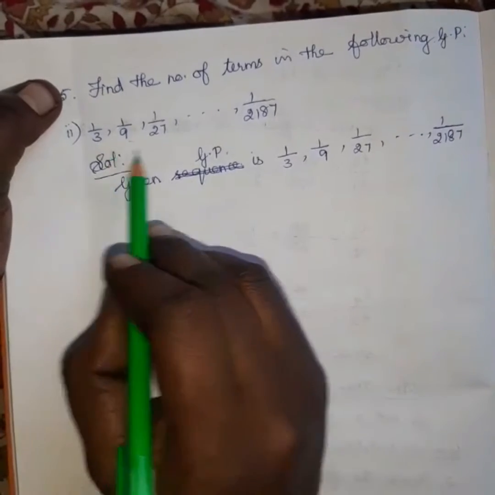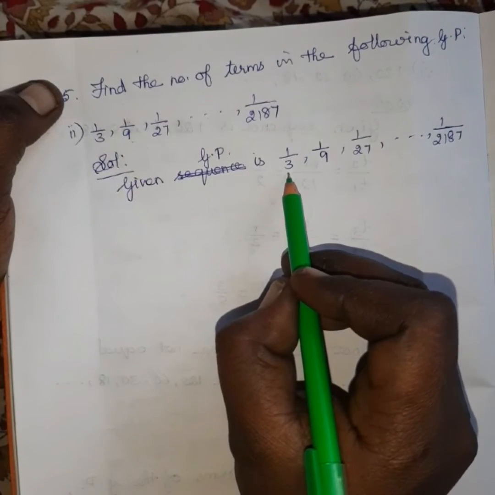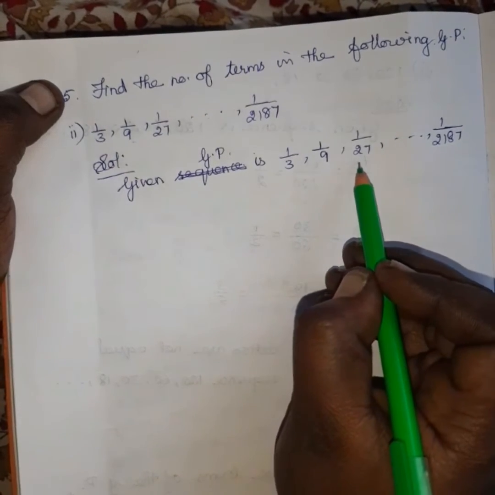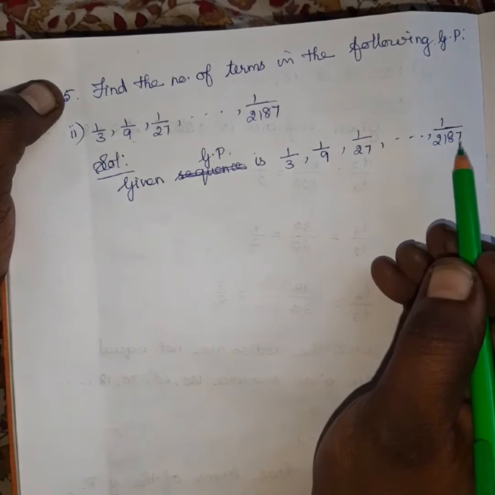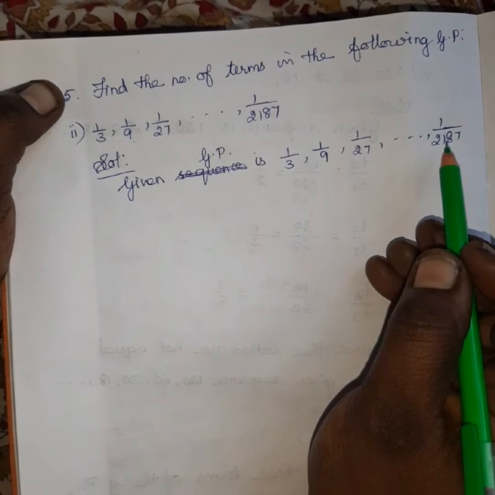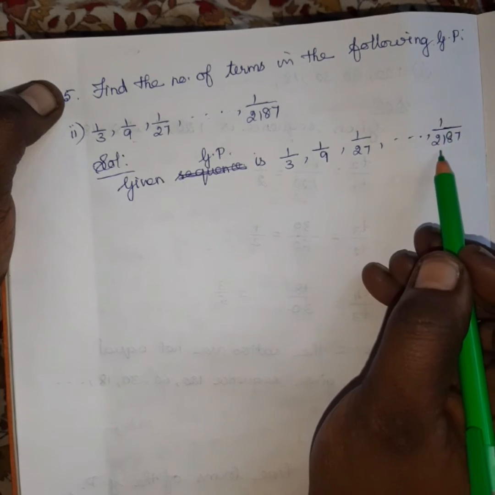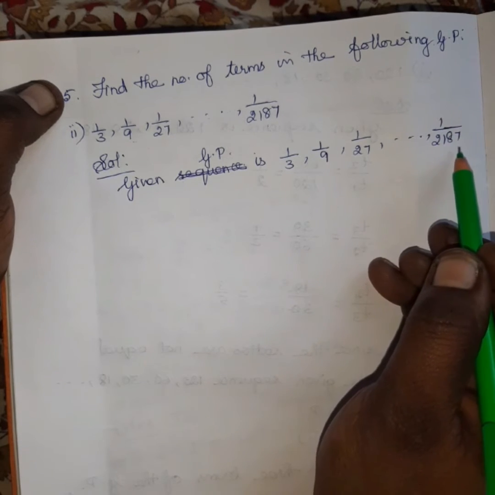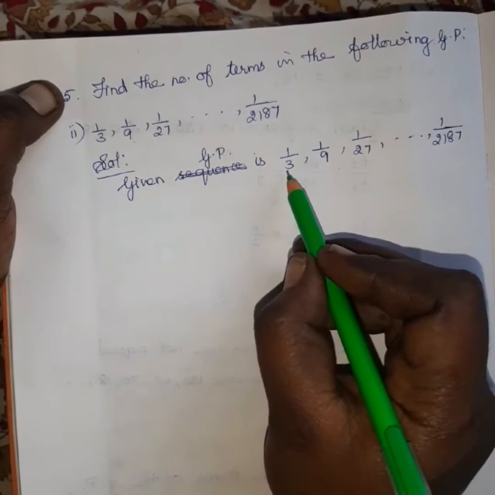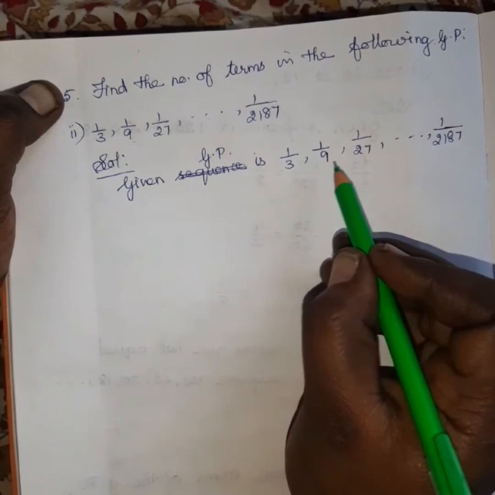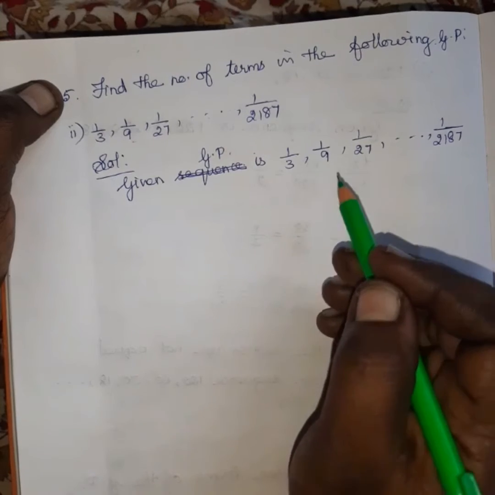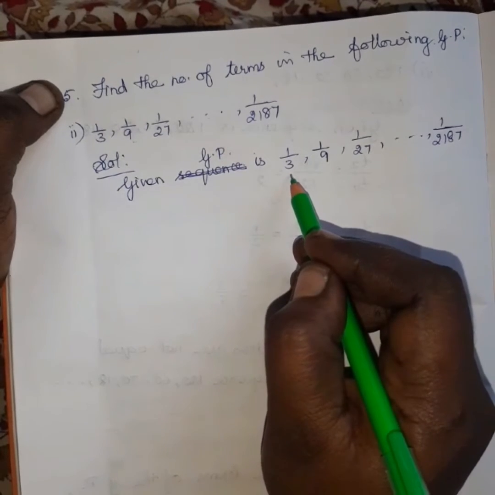Okay, so in the sequence, the first term is 1/3. Second term 1/9, third term 1/27, like this way. Then the last term, we don't know which term that is, we can consider it is the nth term, that is 1/2187. Okay, now from the first and second, or second and third, we need to find out the R value. We can write the A value directly.